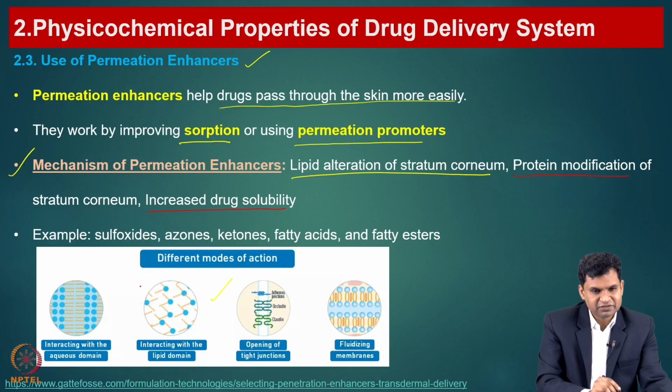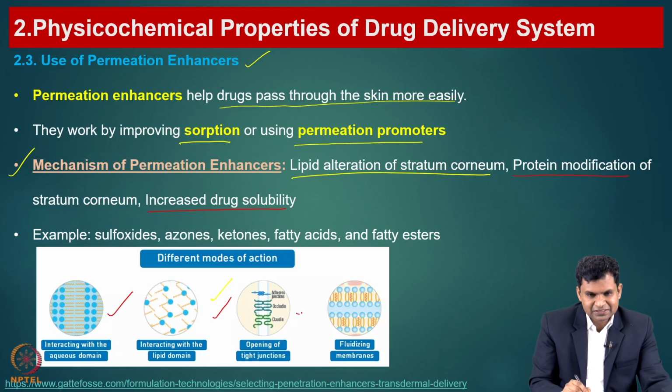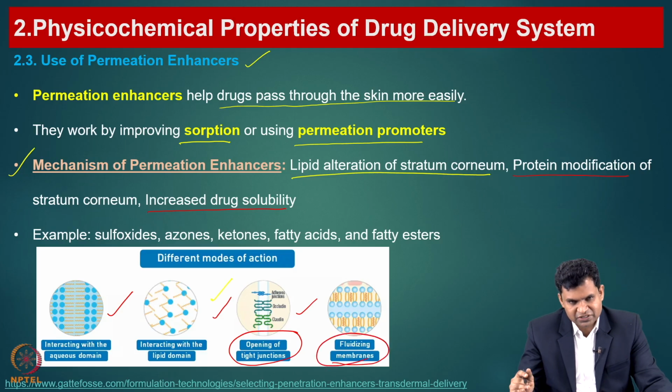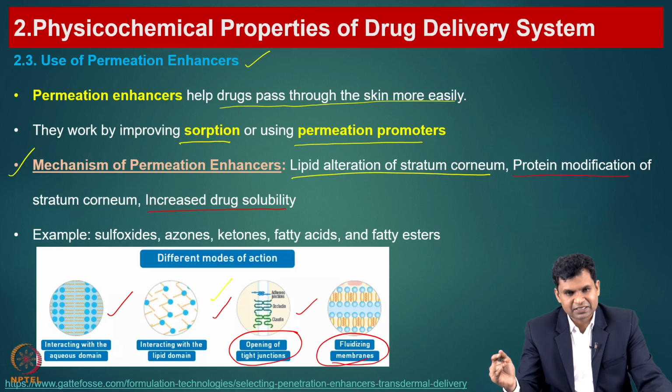Here you can see the first one interacting with the aqueous domain, then interacting with the lipid domain and opening the tight junctions. These are also possible, and also fluidizing the membrane. By these mechanisms, permeation enhancers work as efficient components in novel drug delivery systems.